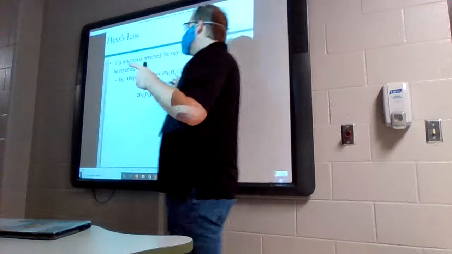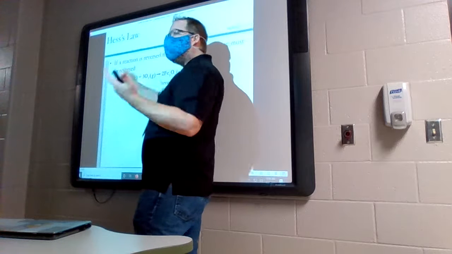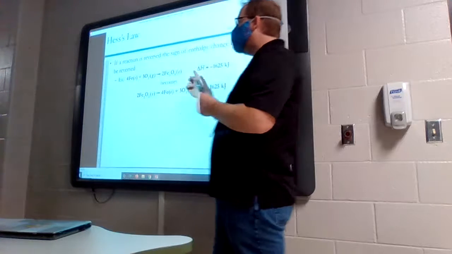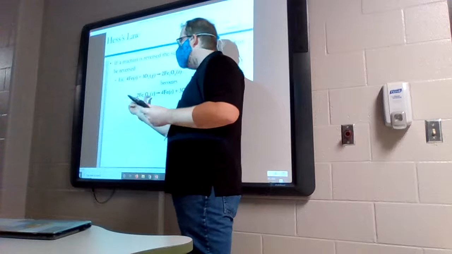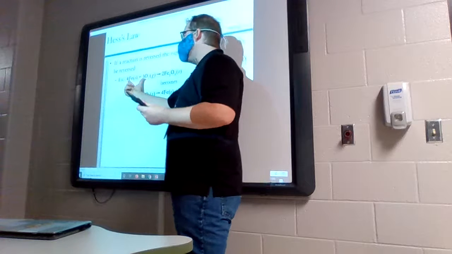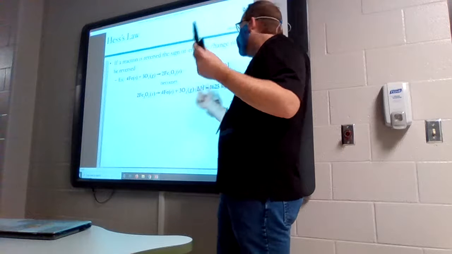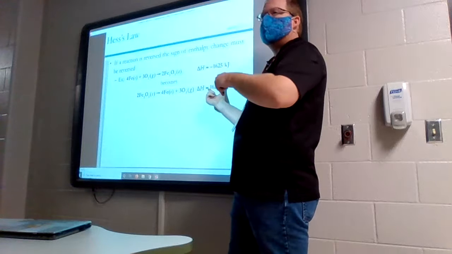But what if I do this equation backwards? If forwards it's exothermic, backwards, what's it going to be? Endothermic. So that's what they're telling us. If I flip this equation from left to right, I put the right stuff on the left side and the left stuff on the right side, I get the same equation just backwards, and I have the same amount of heat, but I flip the sign, positive versus negative.